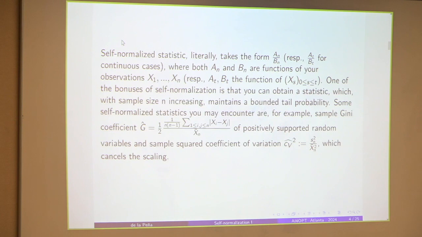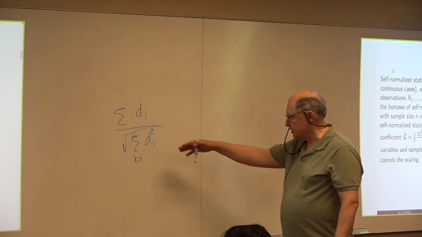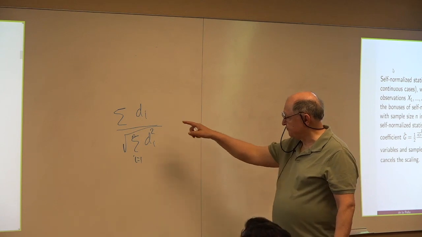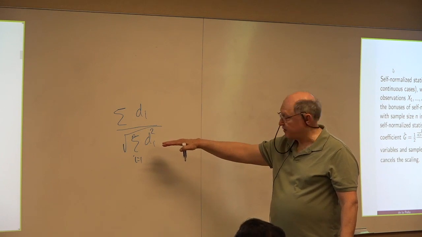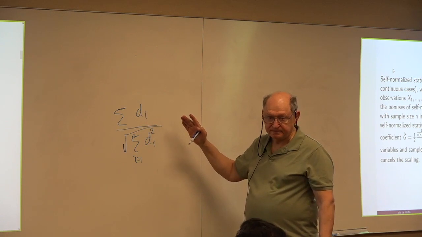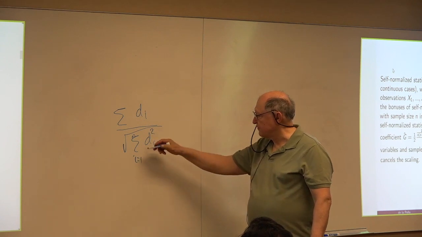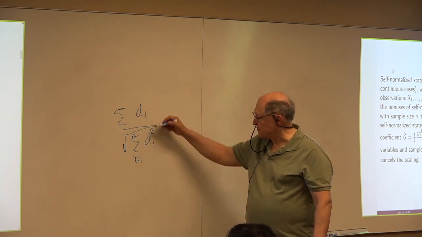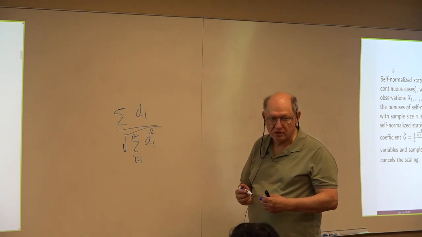This is like the t-statistic, as you will see later. But if the variables have infinite expectation or infinite variance, the tail probability will not be controllable because of the heavy tail. When you divide by this, if there's a big d_i, it is neutralized by the square root of the sum of d_i squared. That's why self-normalization is so useful.